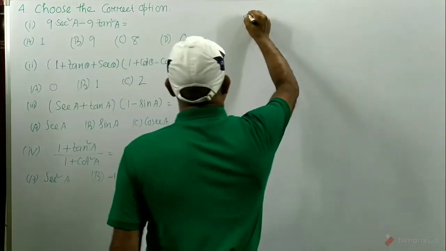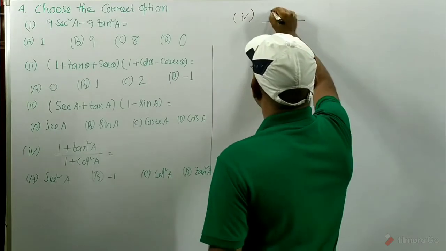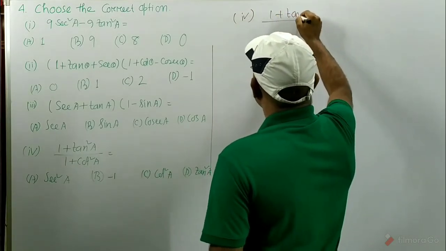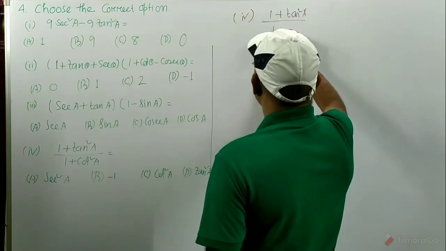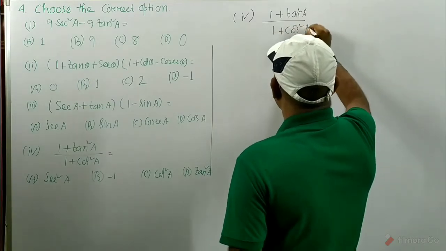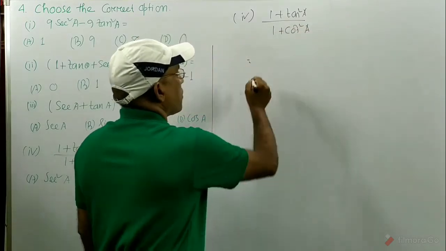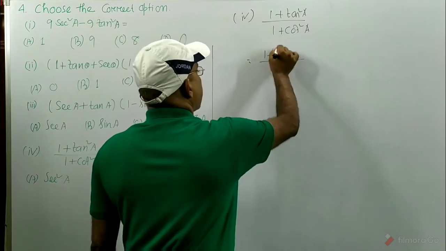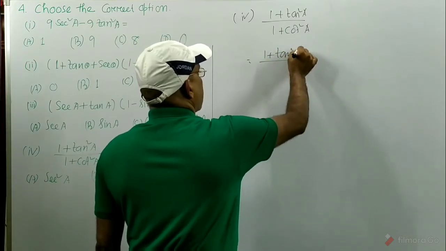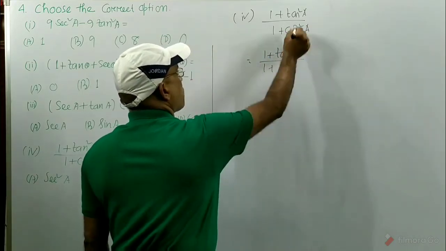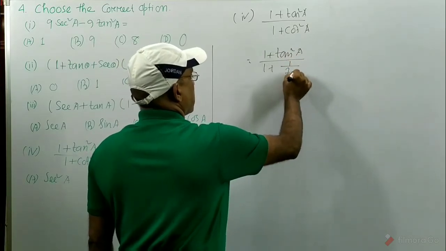Consider number 4: 1 plus tan square A over 1 plus cot square A. Cot means 1 by tan.